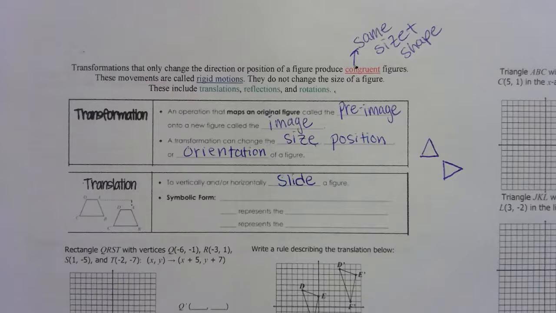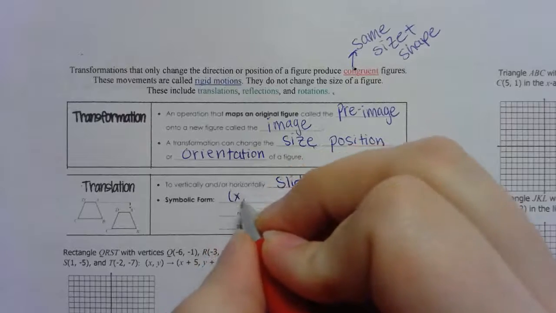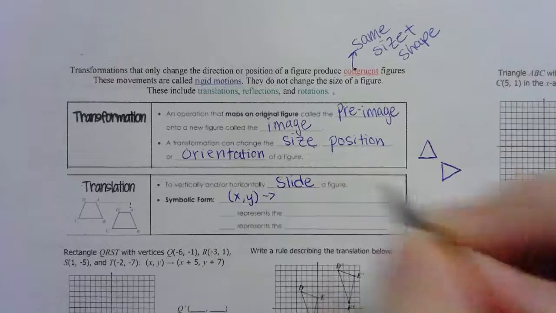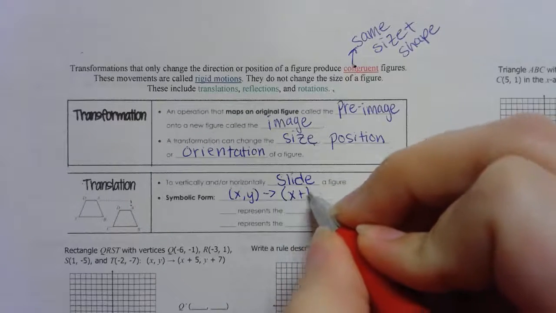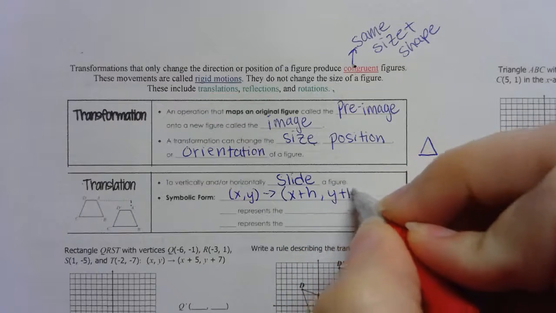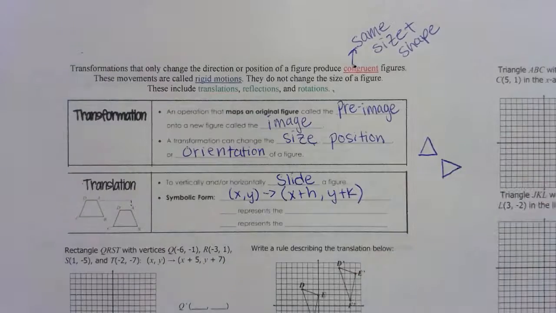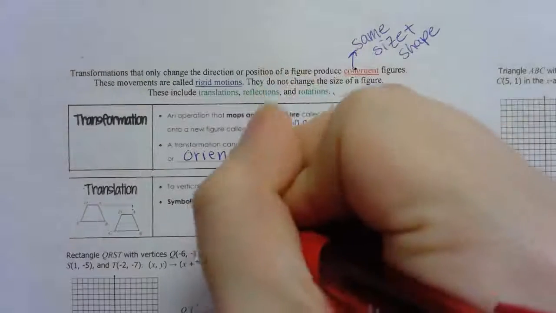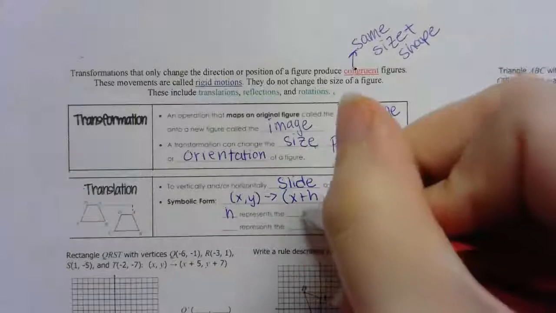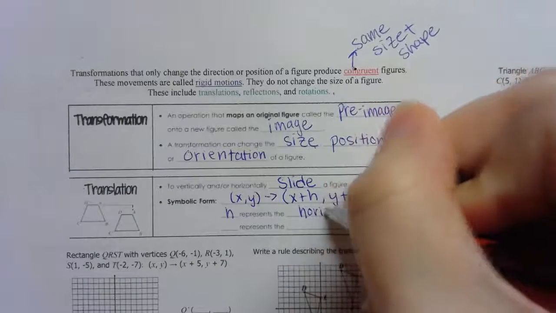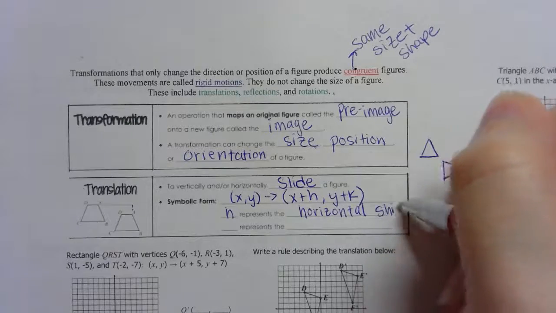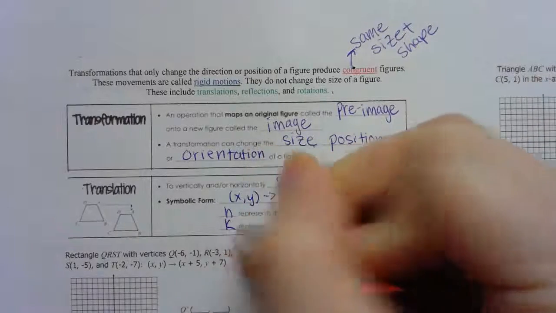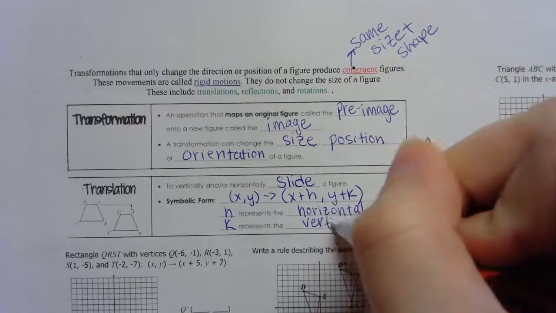In symbolic form, if we have a coordinate (x, y), then that coordinate is going to be (x plus h, y plus k), where h represents the horizontal shift and k represents the vertical shift.